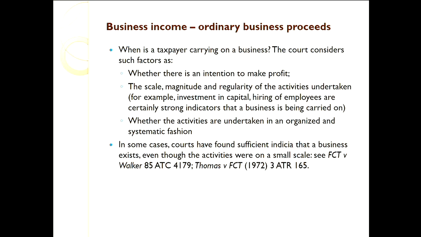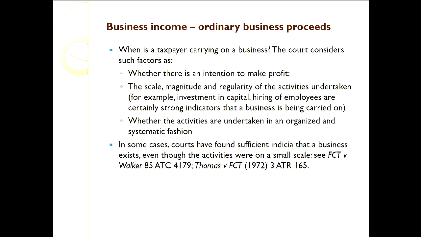The reason we're trying to work out when someone is in business is, if we know they're in business, then we would say ordinary business proceeds, that's assessable income. So to work out whether you've got a business, you look at whether the person has an intention to make profits. Profit-making intention signals a business.